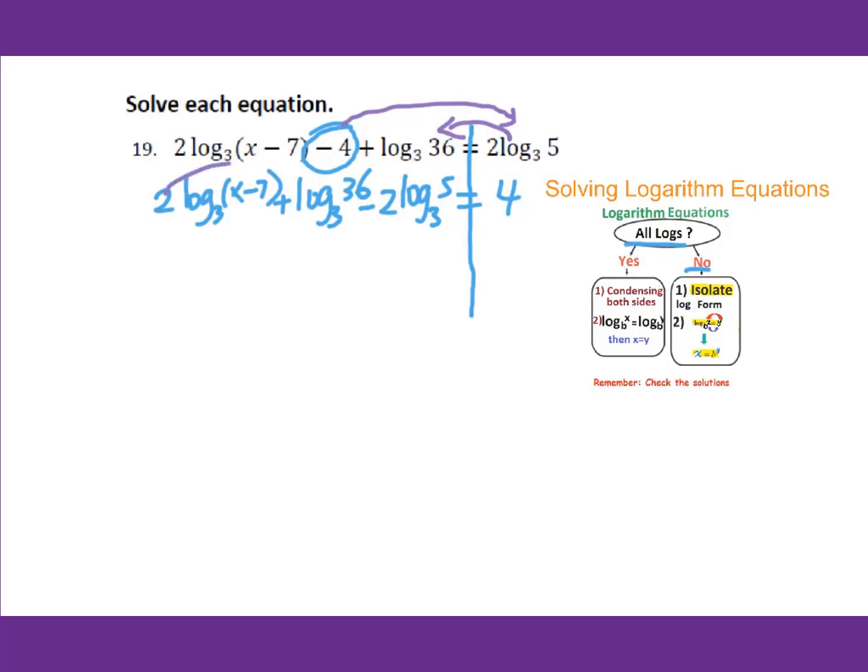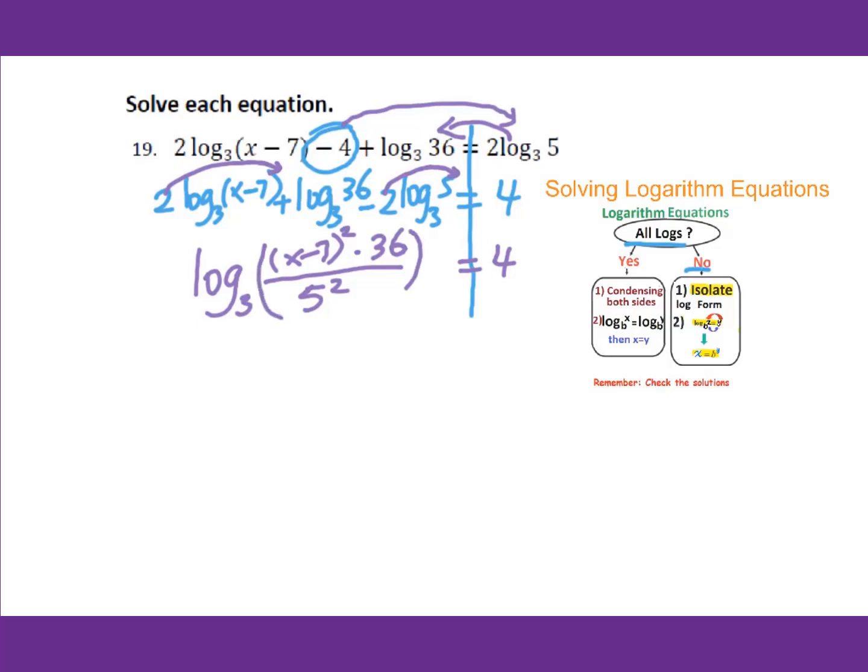Then jump the 2 over here as an exponent. So we're condensing the log base 3. Since we have minus, we have a division line, and 5 squared. x minus 7 squared times 36 over 5 squared equals 4.